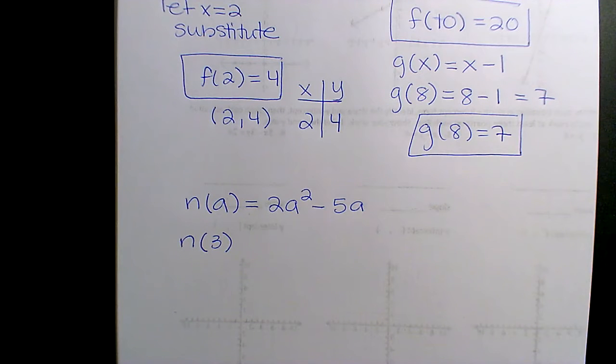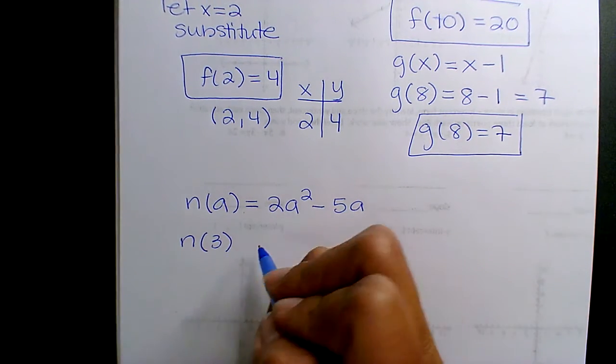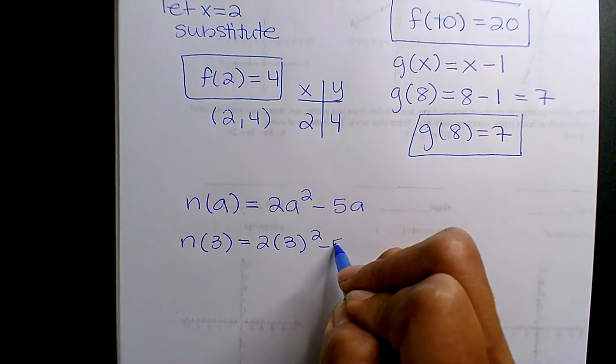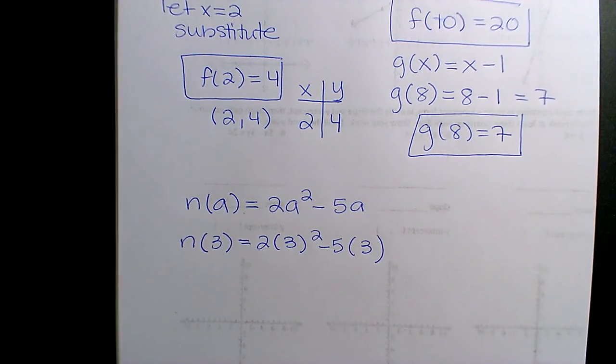And so function notation has the name of the function on the left, right? And then on the right side, it has the terms, the behavior of the function. So you're only substituting on the right side, okay? So n of 3 then is equal to 2 times 3 squared minus 5, substituting the 3.